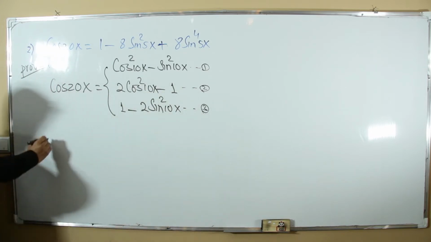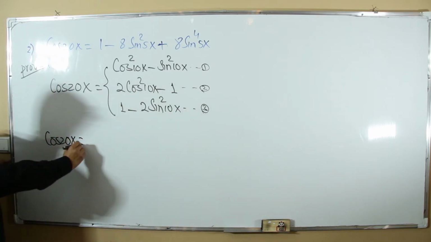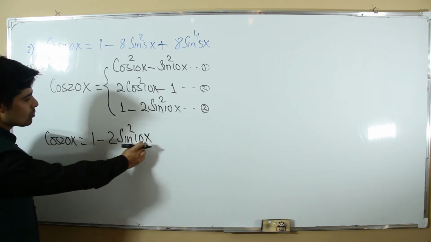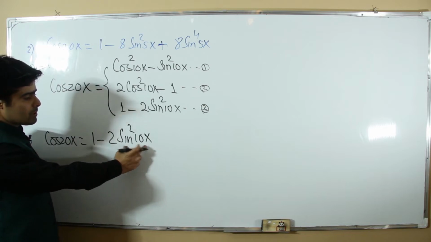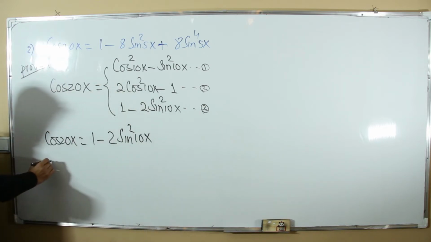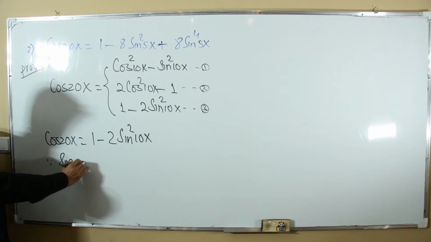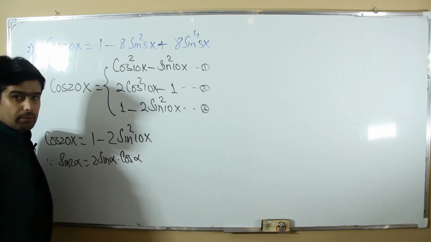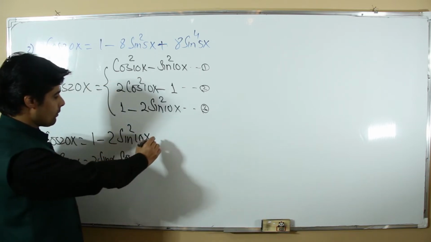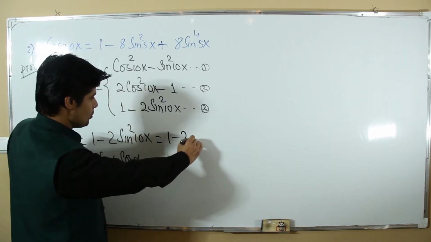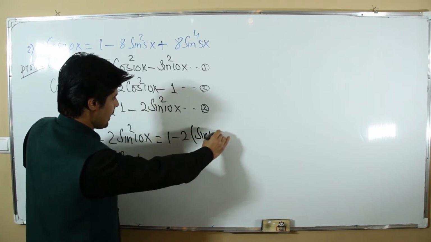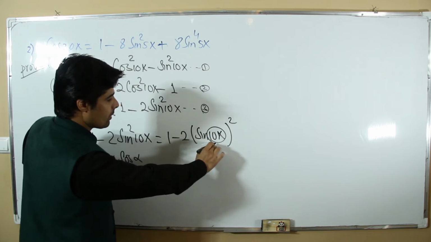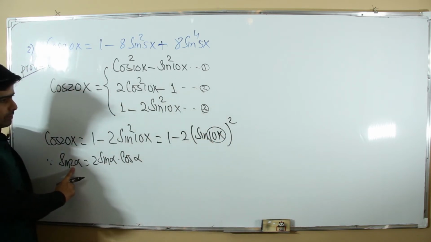So according to this one we can say that cosine of 20x is equal to 1 minus 2 sine square of 10x. Now we have to half this one. Once again we have one formula, which is sine of 2 alpha is 2 sine of its half and cosine of its half. Am I right or not? Yes. So here can we write this one, 1 minus 2 sine of 10x whole square? Yes, we can. If this one is 2 alpha, so what's the formula for this one?